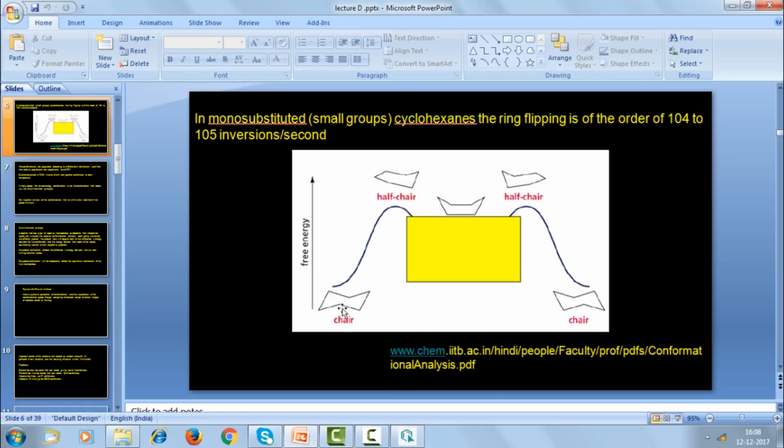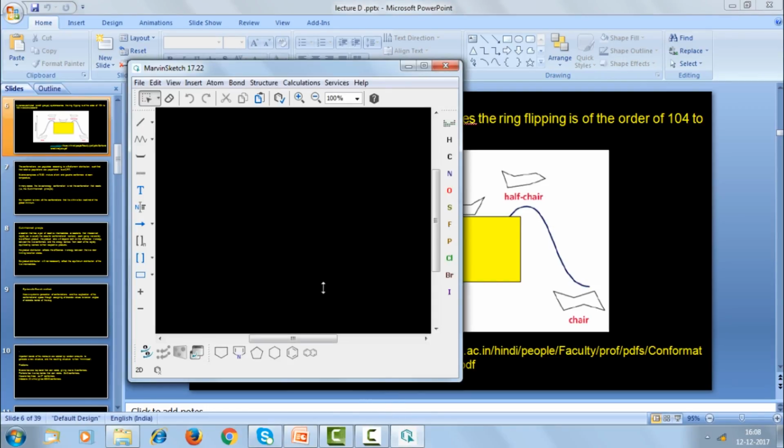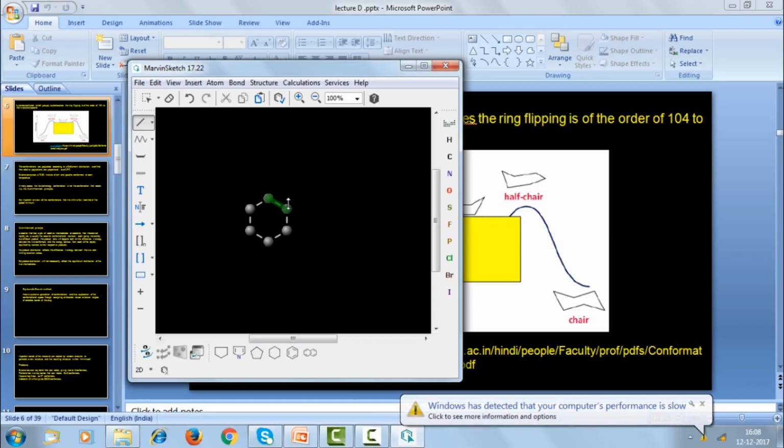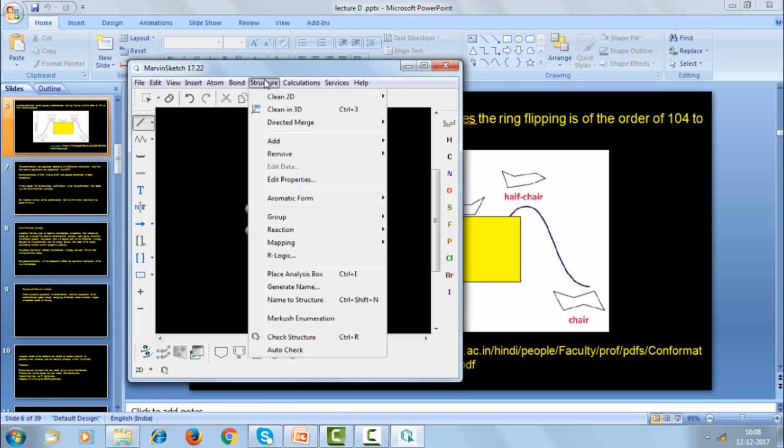As I had mentioned before, we can look at the Marvin sketch. For example, this is cyclohexane, and this is a substituted cyclohexane. Okay, this is a substituted cyclohexane, so we can say structure clean in 3D.